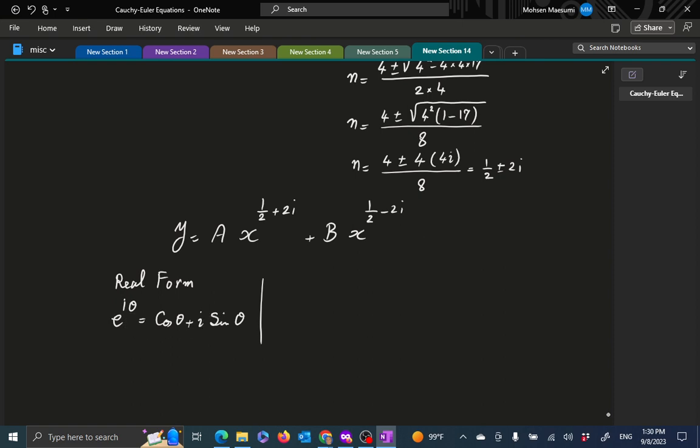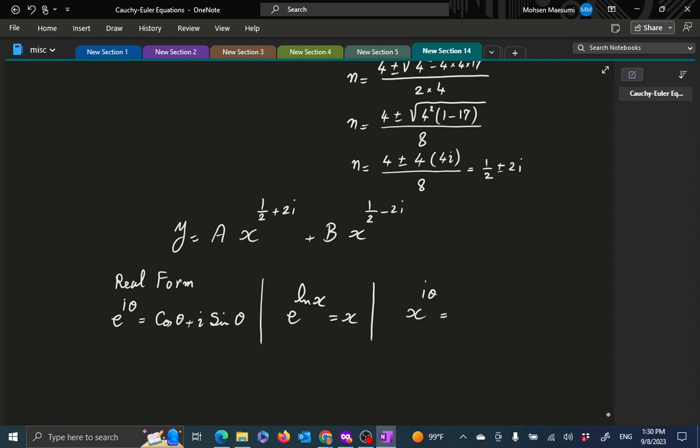Remember from the topic we just mentioned, exponential of logarithm of x we know is just x. Is that right? That's basically from pre-calculus. So suppose I want to figure out what x to the power of i theta is.